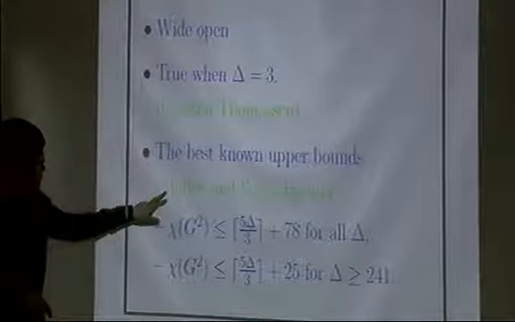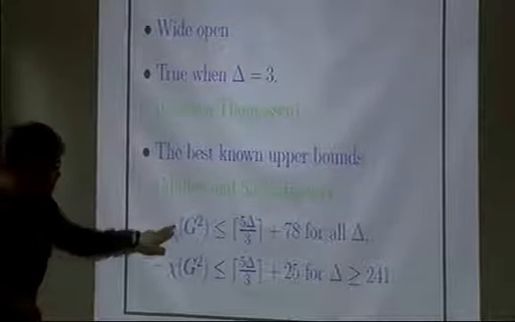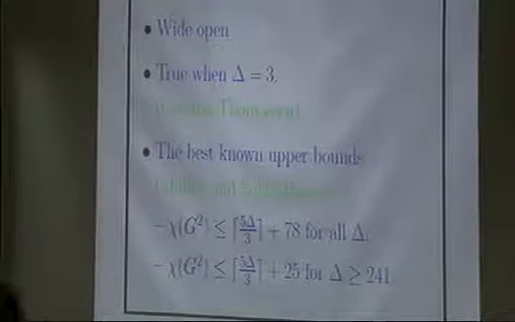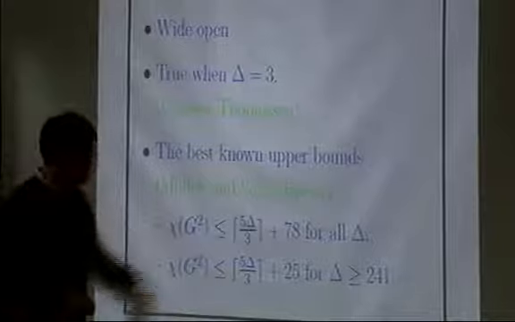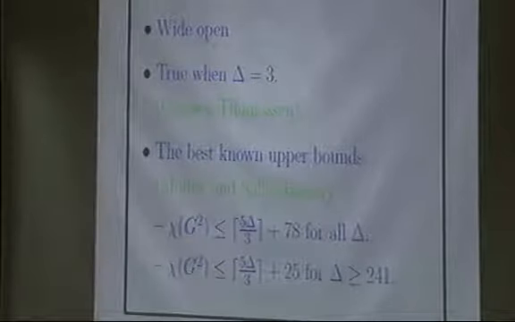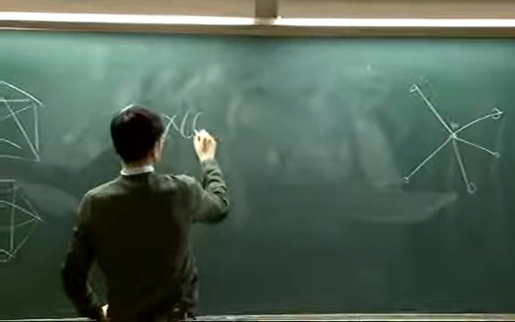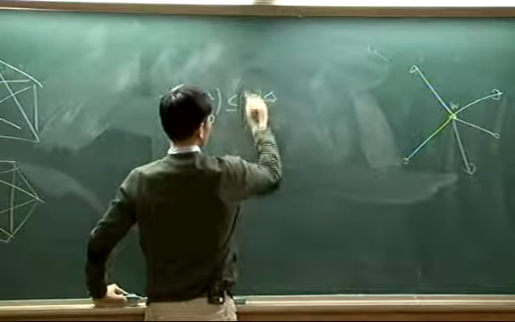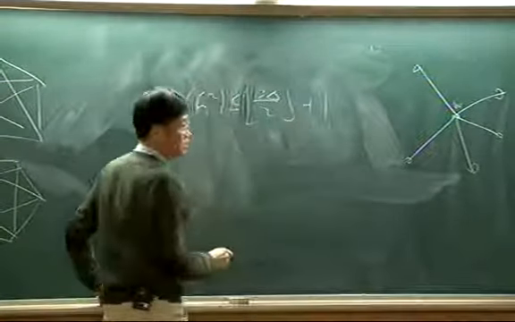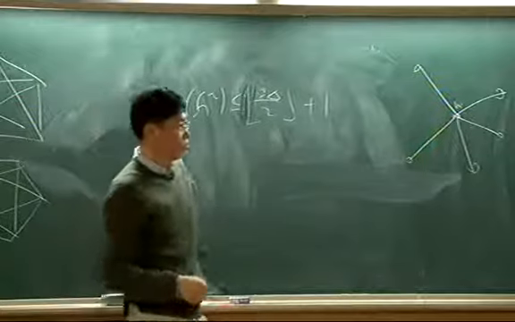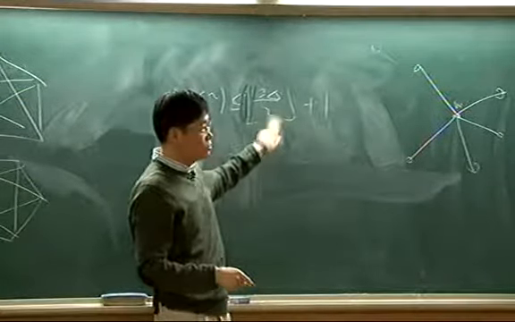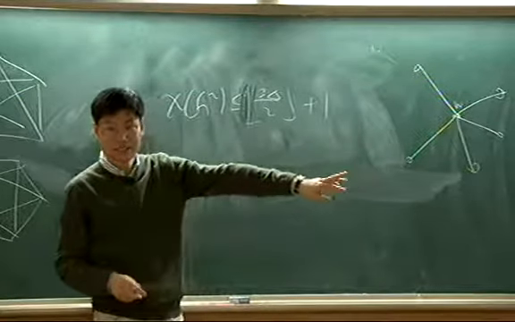And then the best result for this type of problem for general delta, so actually the conjecture was this, and you can see the gap between 3 delta over 2 and 5 delta over 3.